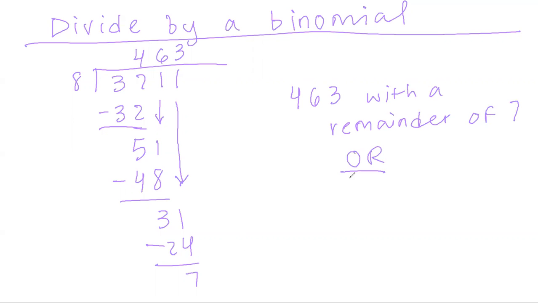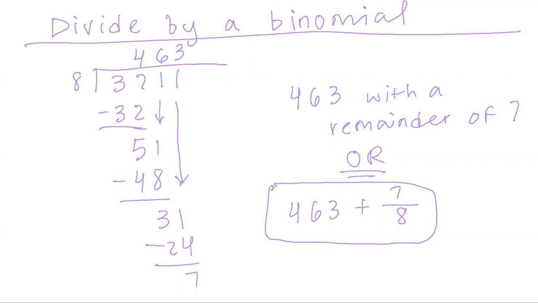Or you can write this as 463 plus 7 over 8. That's also very valid. So if you notice, I put my remainder over what I was dividing by, which is the 8. So this is a form that you will see, and you'll see paralleled in dividing polynomials.